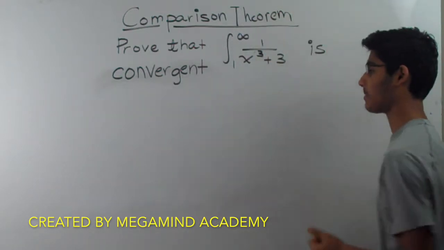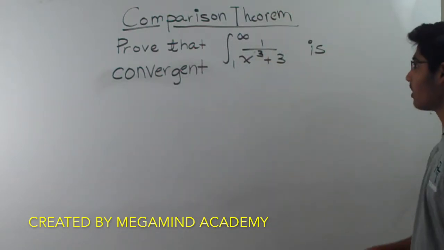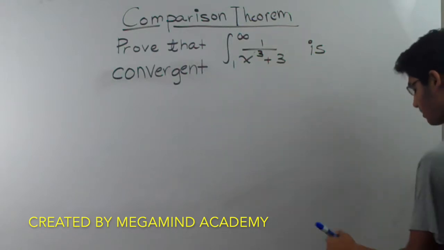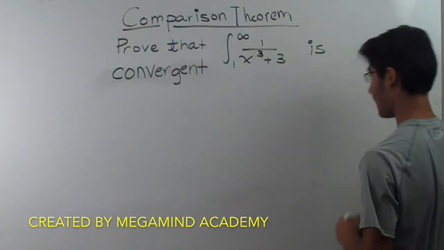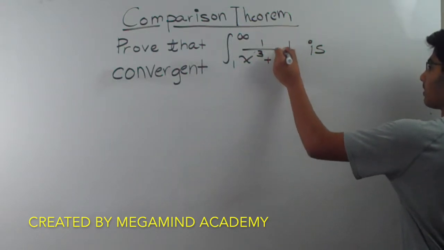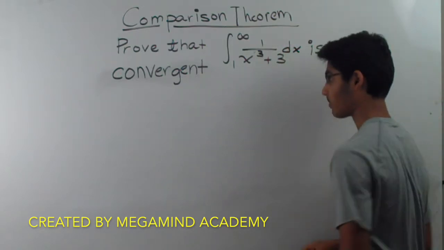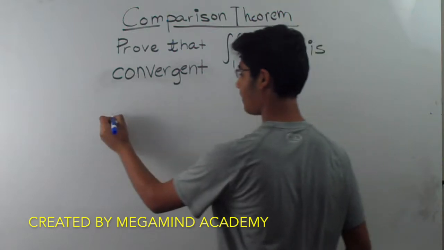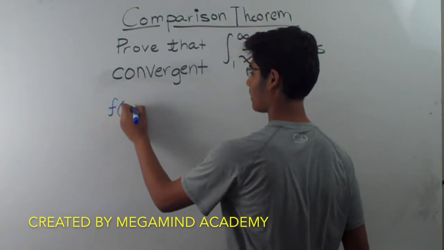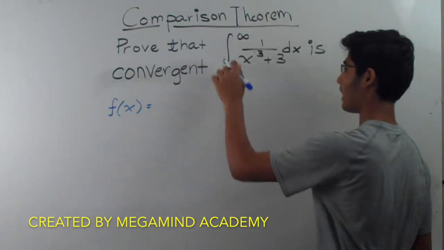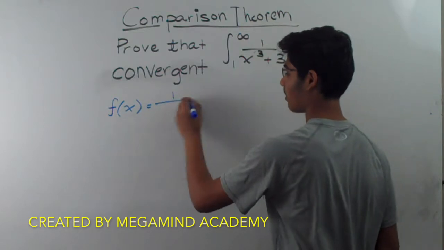Now let's look at an example. We have the function 1 over x cubed plus 3, and we should have dx here. So we have f of x is equal to 1 over x cubed plus 3.